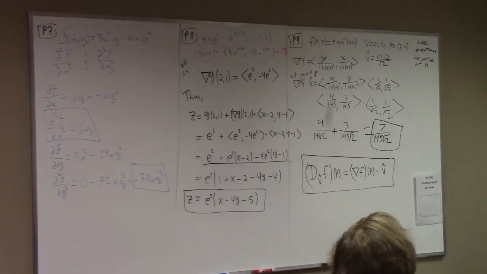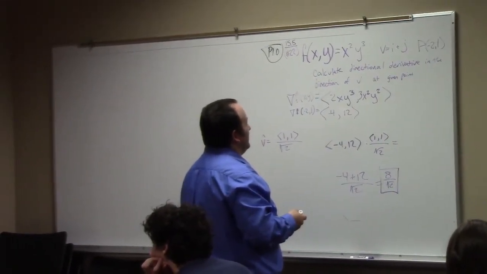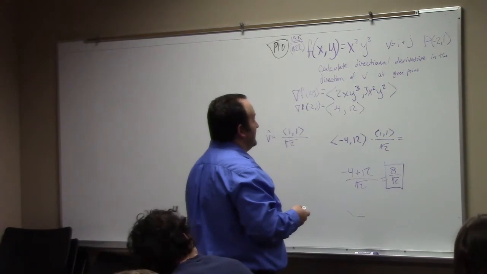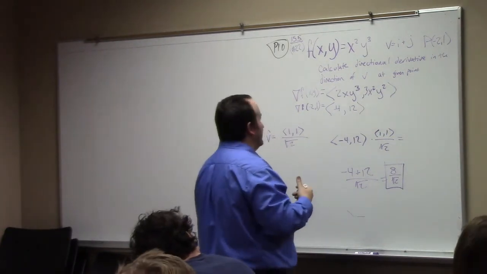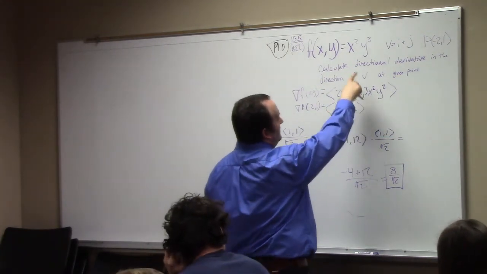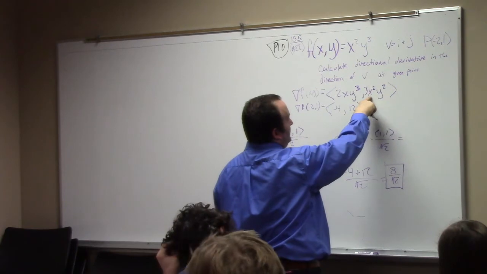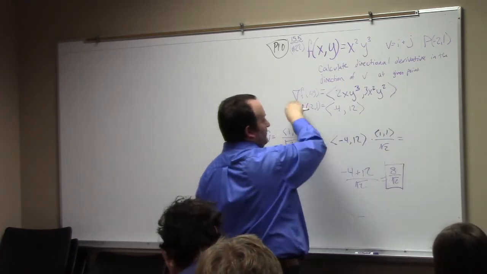Over here, we have yet another directional derivative. I feel like you got the better deal on the gradient calculation for this one, compared to the last one, right? I mean, polynomials, nice. So 2xy cubed, 3x squared y squared, partially differentiating this with respect to x, with respect to y, gradient.